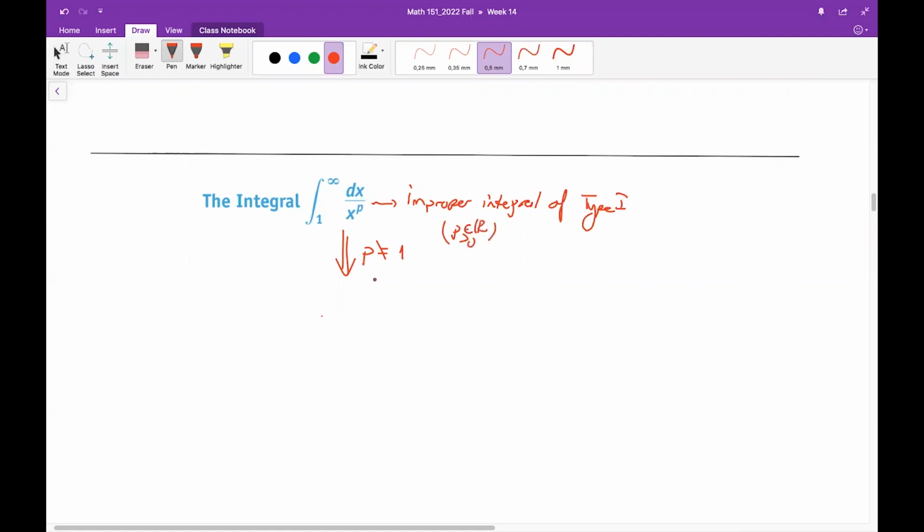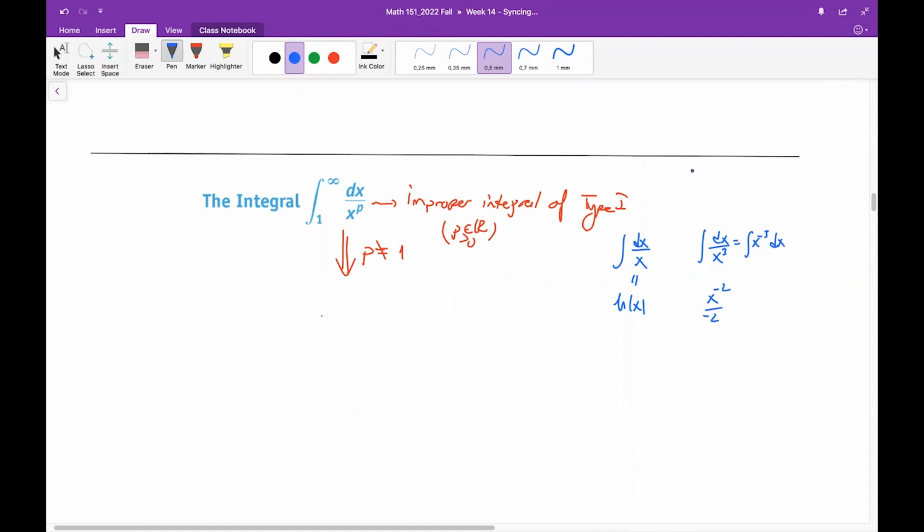So why do I need to exclude p equals 1 first? Because if you have p equals 1, you obtain this type of integral, which is evaluated as ln, right? If you have some different number p, like 3, for example, it is evaluated by adding 1 to the power and dividing by the same power. So it is a power function, so minus 2 over minus 2.